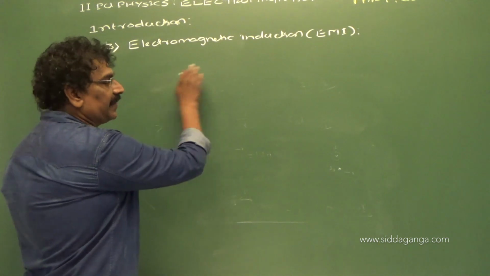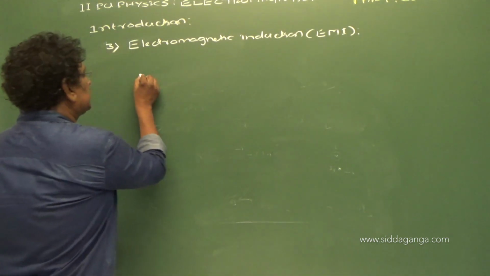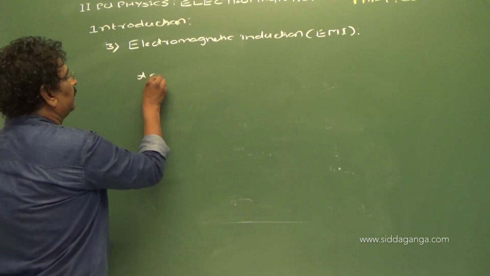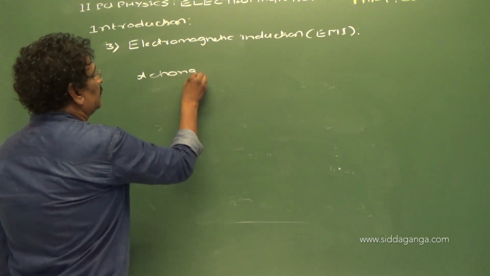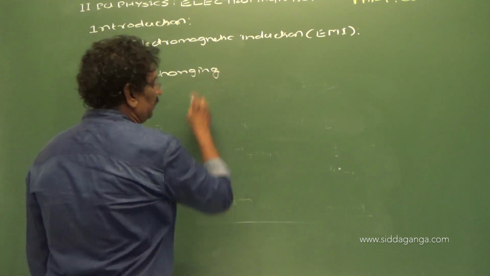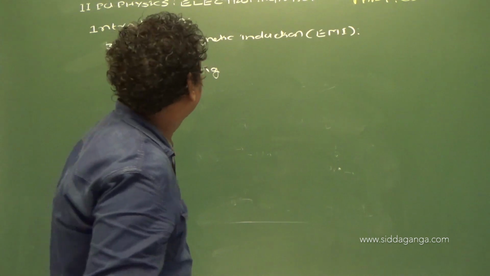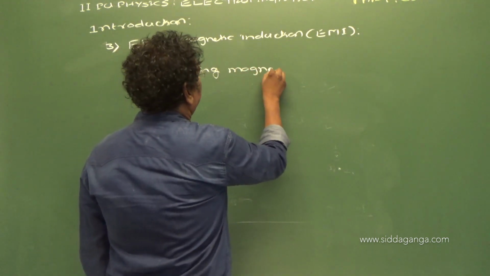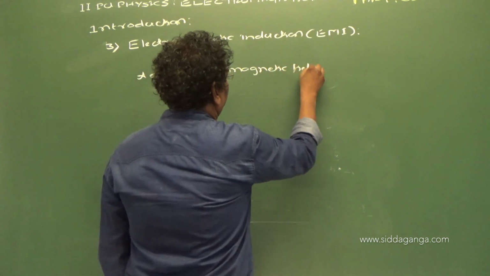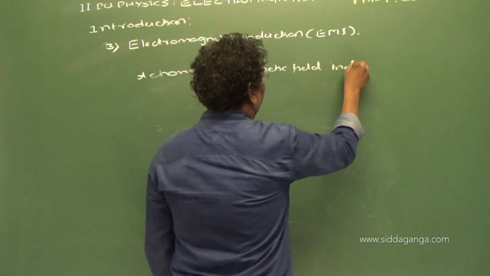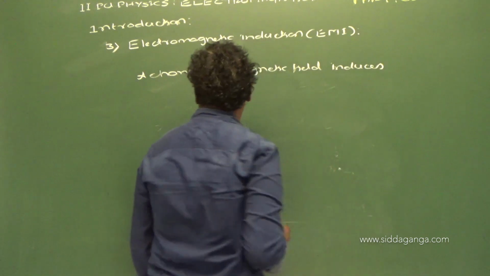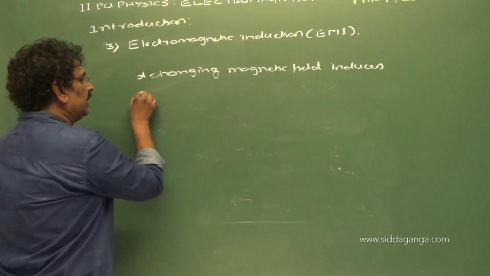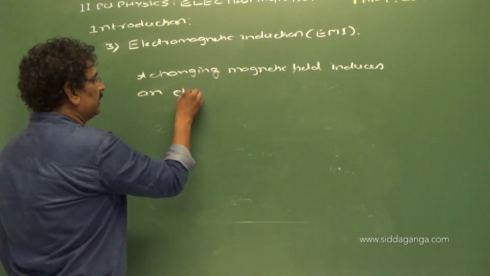So the result of electromagnetic induction is that a changing magnetic field induces an electric field.